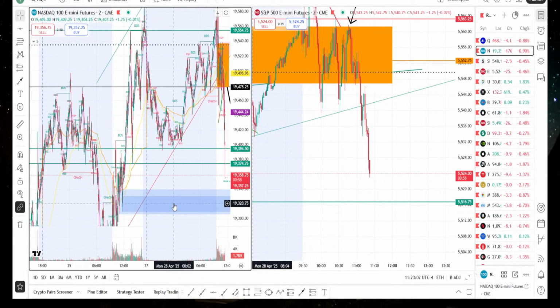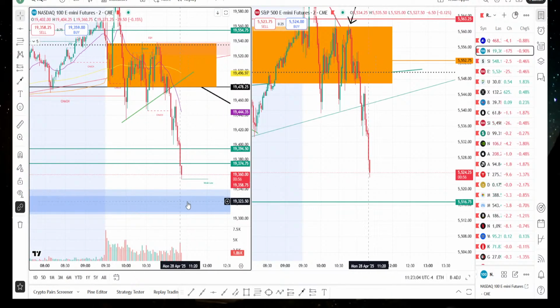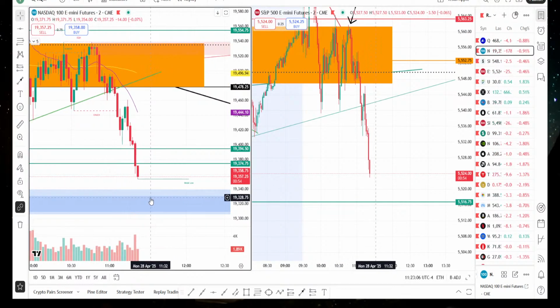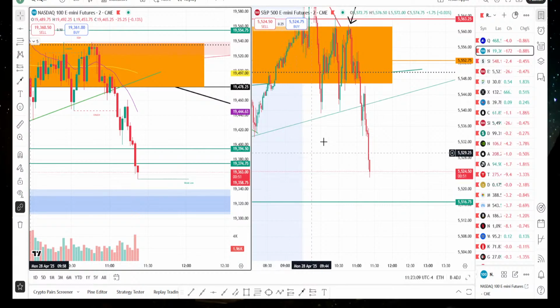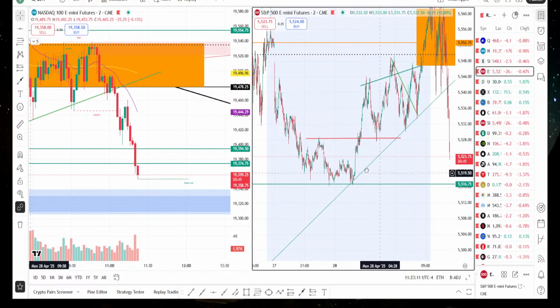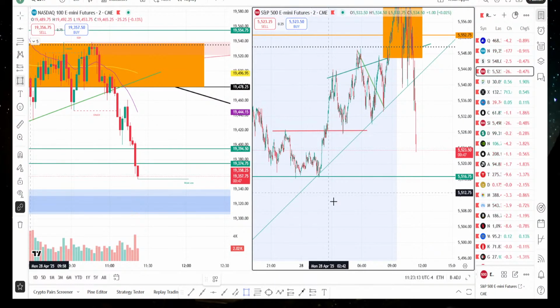Still coming down. We're about to hit this next demand zone out here on the NQs. On the spot, we have a demand zone here as well. Oh, I don't have the indicator on this one. That's why.